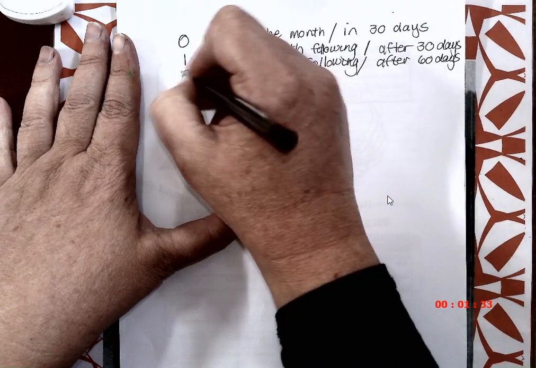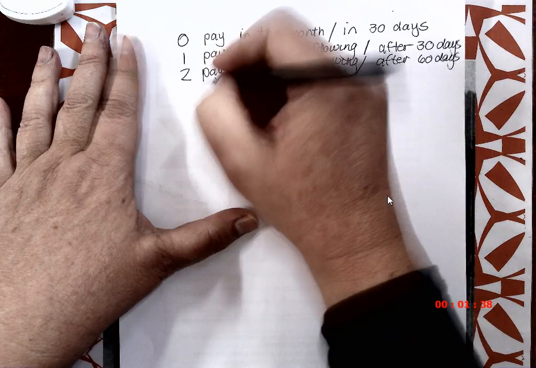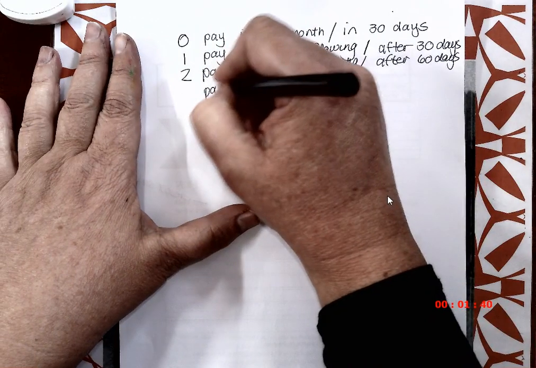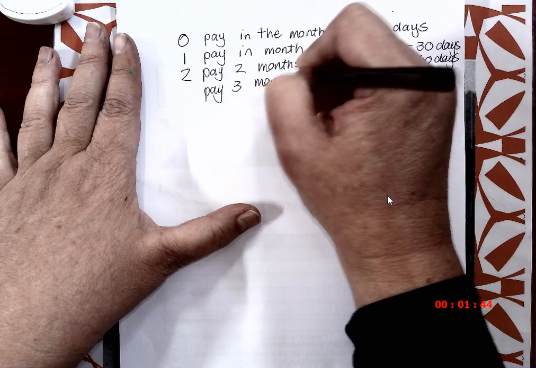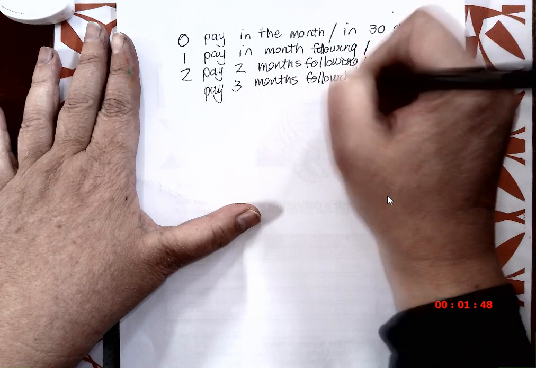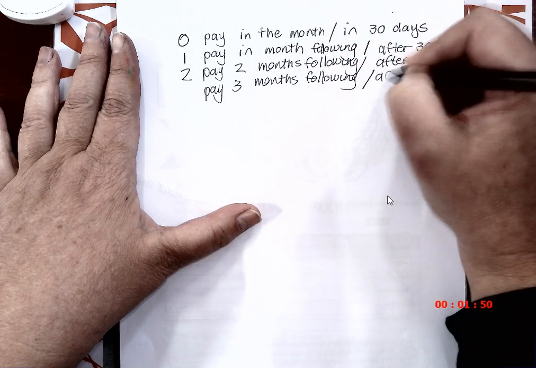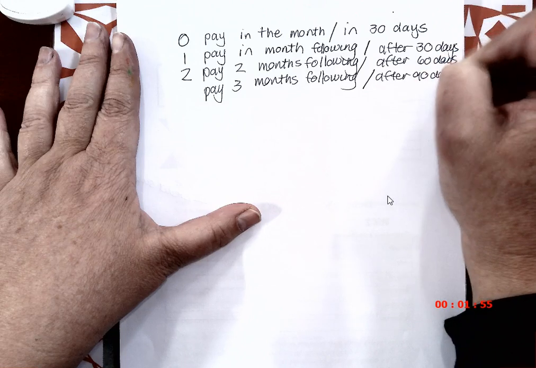So obviously that code is 2. They pay 3 months following, or after 90 days. And that would be a 3.